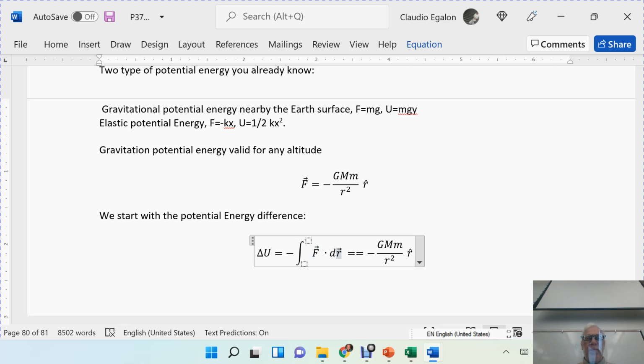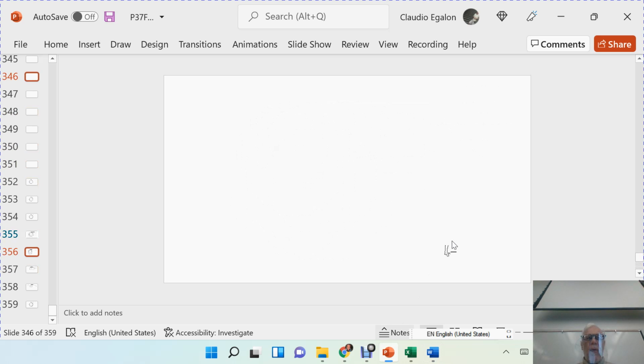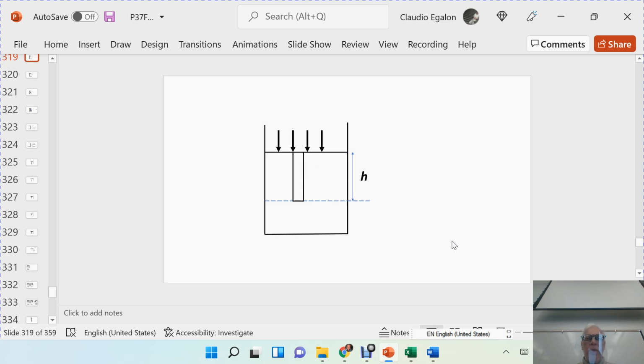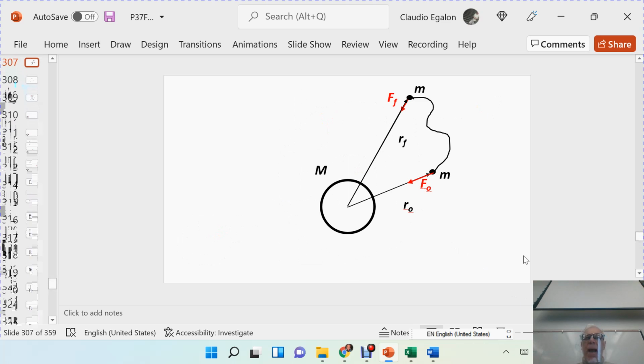What we're doing: the potential energy of the Earth and another object is minus the work done by the gravitational force when you move the mass from one place to another. That's how we calculate it. It's initially at position R0 and ends up at position RF.